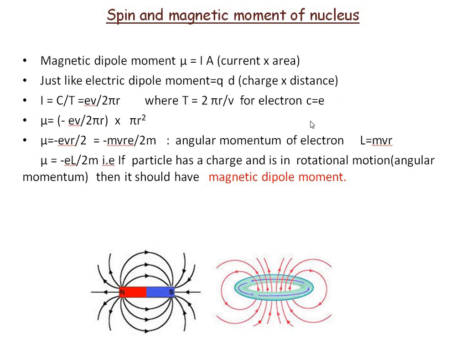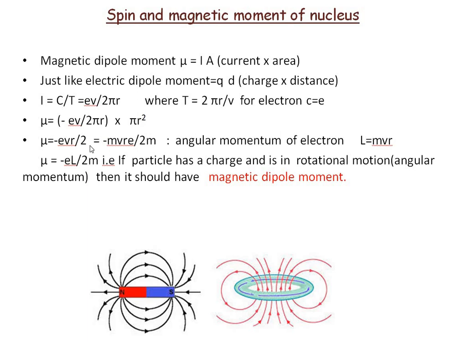We know that for an electron, a charged particle revolving in a circular orbit, the angular momentum L is equal to m v r. So when we substitute this m v r into the equation of mu, we multiply and divide by m in this equation. So you will get m v r e divided by 2m.